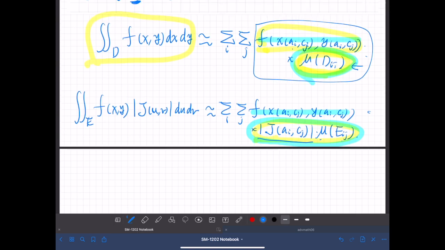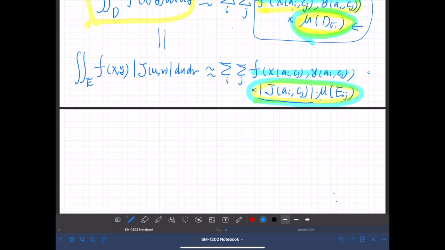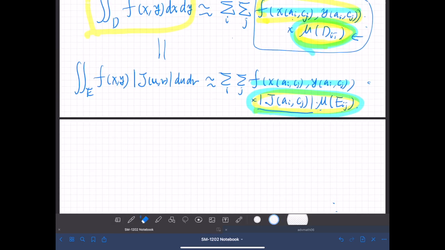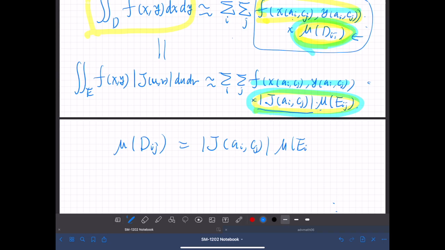So if we want these two integrals to be equal, it is sufficient to show that the area of dij is equal to the Jacobian times the area of eij.